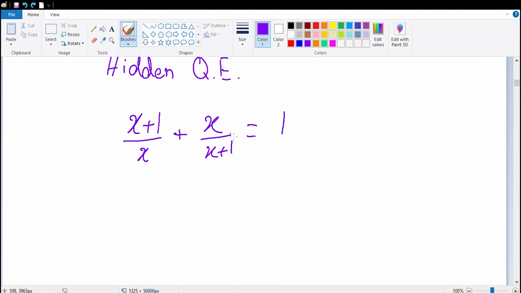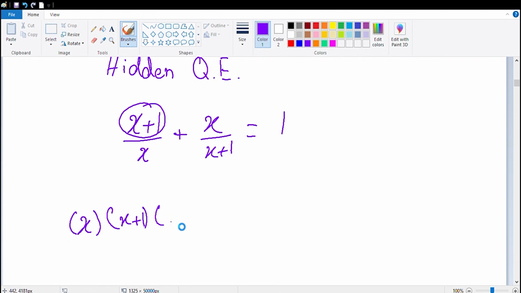So, what do we need to do? We can see that here there are fractions, so of course they have denominators. It's simple. Multiply all these terms by the product of their denominators, which is x into x plus 1.